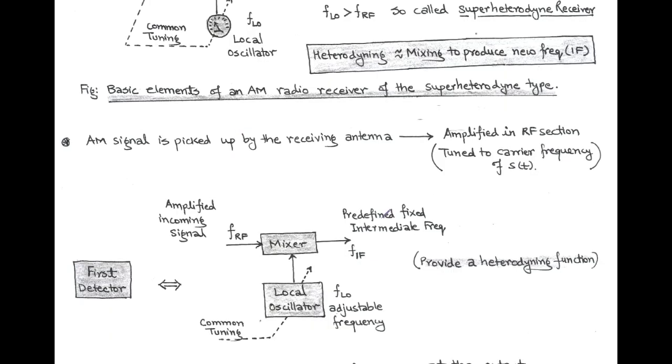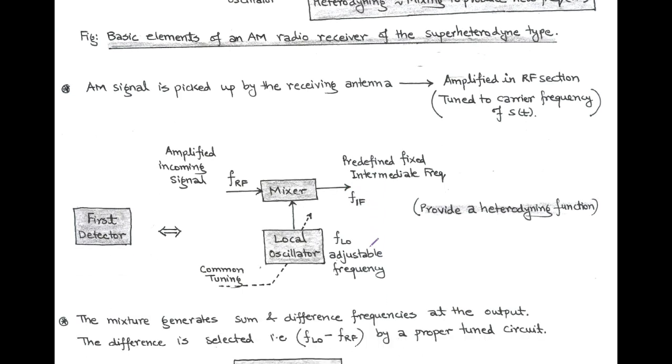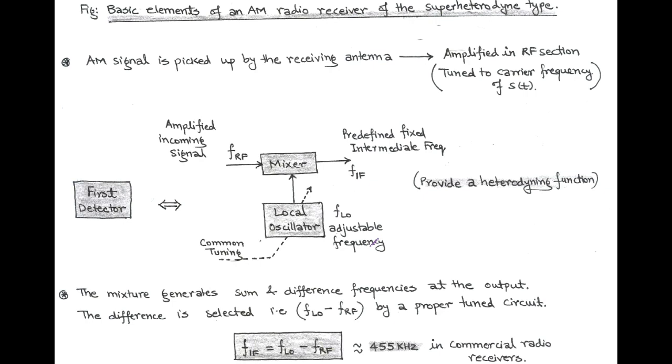Another input is the local oscillator frequency, that is adjustable, always kept high with respect to the input radio frequency. The output of the mixer is the sum and difference of the input frequencies, that is FRF and FLO, and this provides the superheterodyne function.